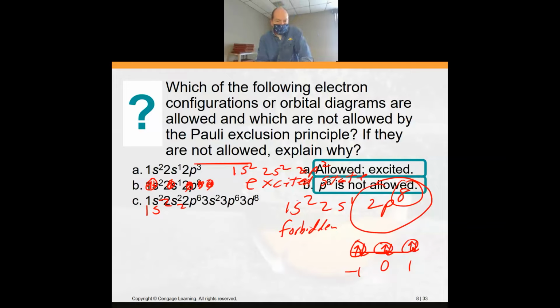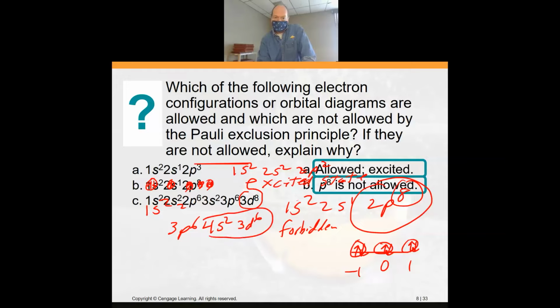All right, if I have 1s2, 2s2, 2p6, 3s2, 3p6, 3d8, we have to look at this, and it looks like everything is nice and normal. We didn't put in more electrons than need to be. But after we put in our 3p6 and we follow our buildup chart, next comes the 4s2, and then would come the 3d6.